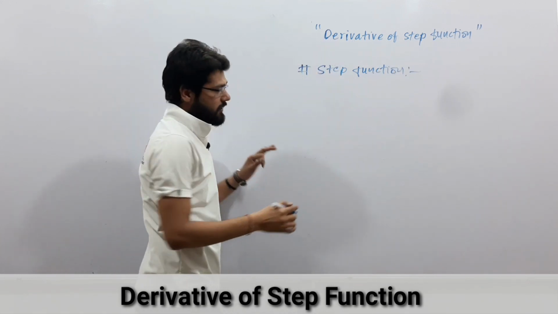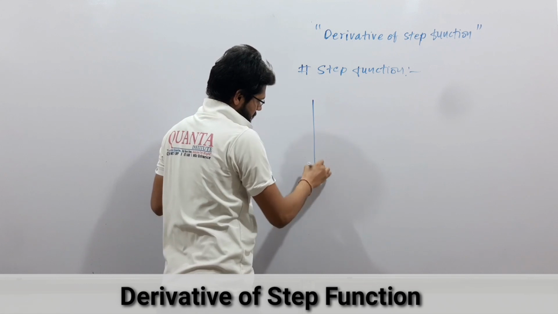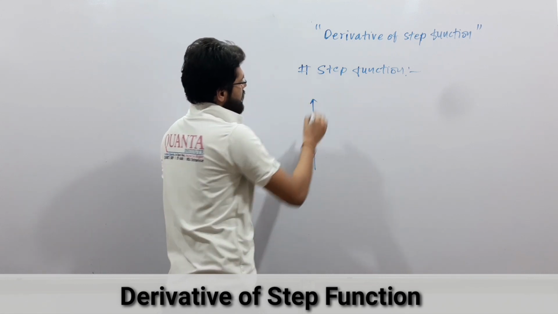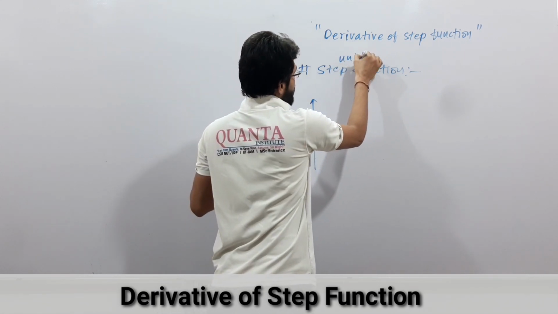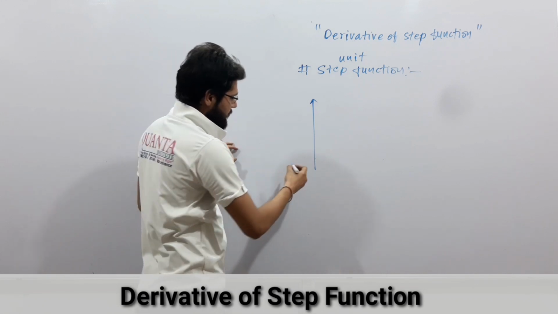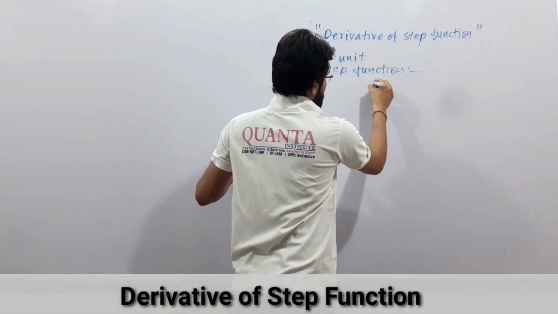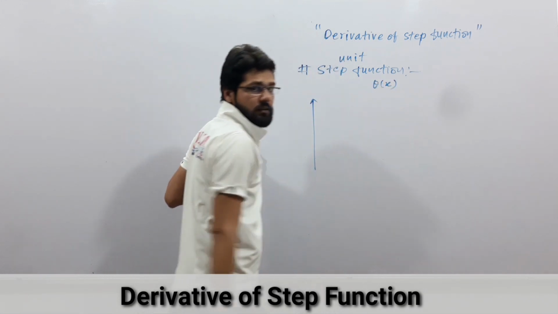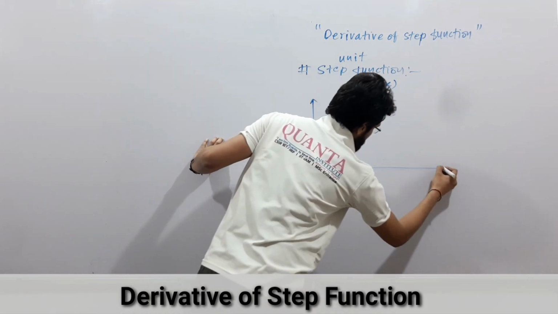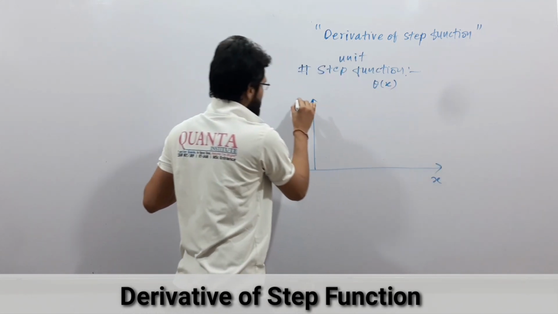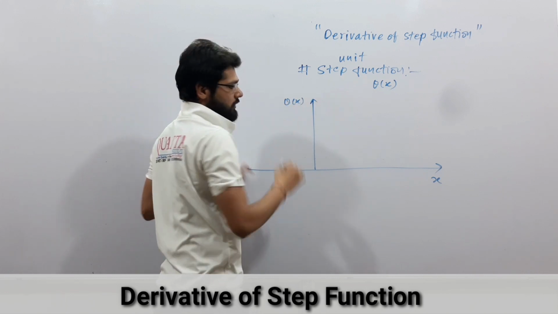First of all, I am talking about the unit step function. The unit step function is defined by theta of x. This is the x axis and this is theta of x.